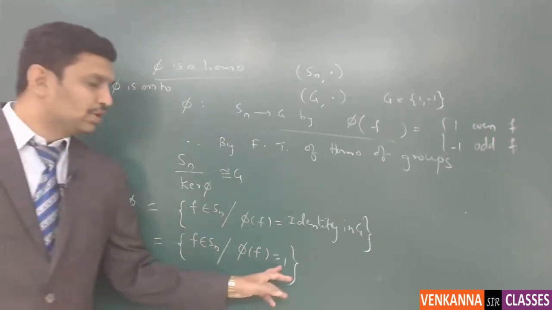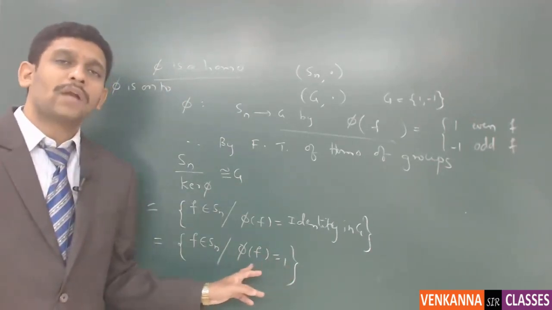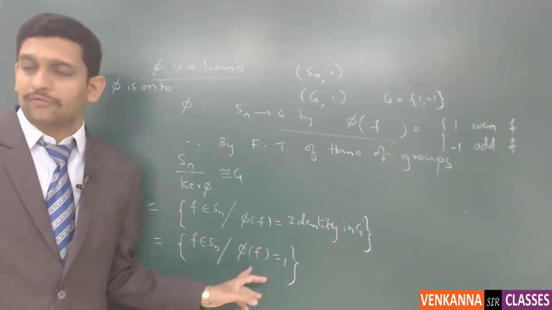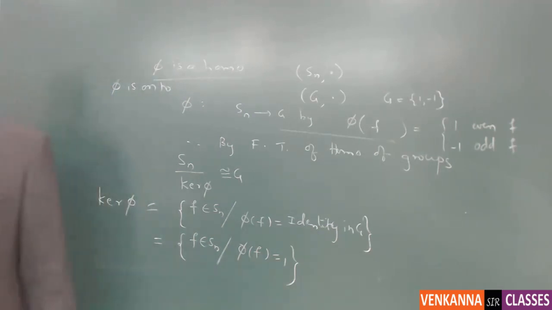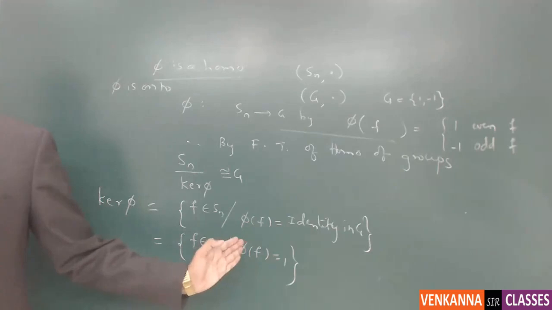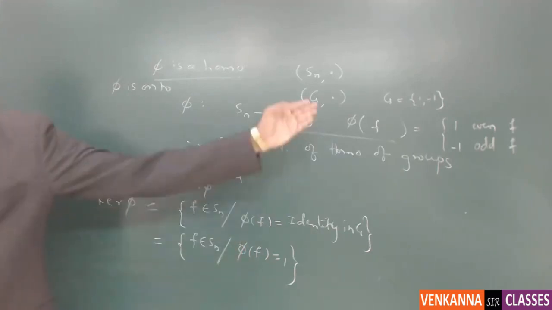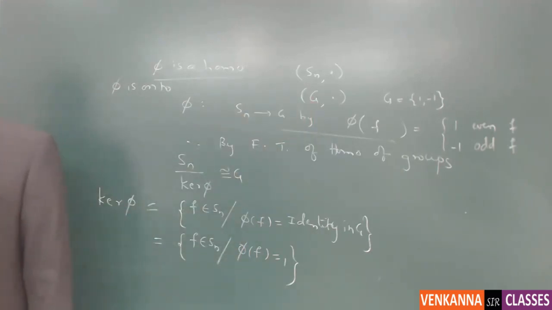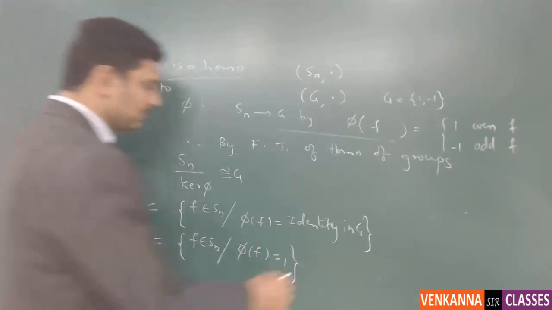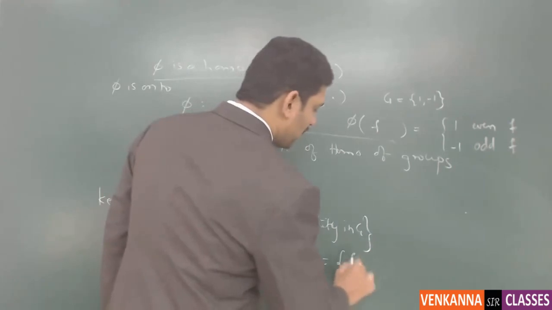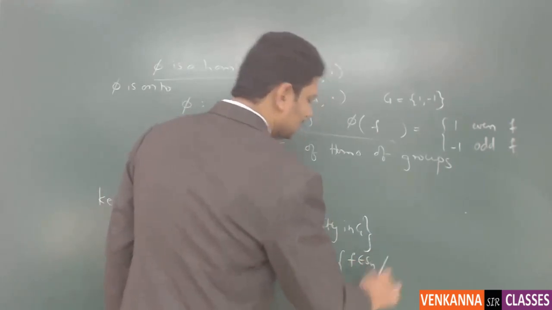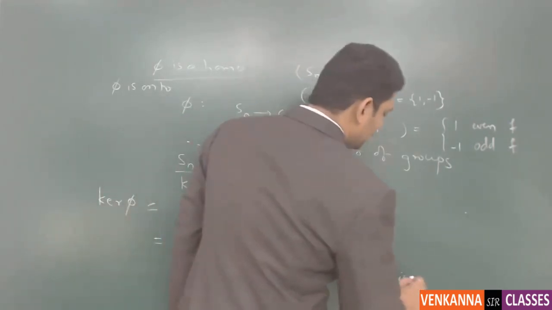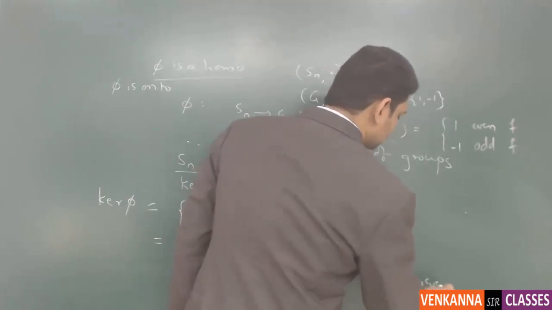The identity element in the codomain is nothing but 1. So if you want to get 1, what must be the property satisfied by f? If you want to get the image 1, what could f be, from the definition of phi? Even. So this is nothing but the set of all permutations in Sn such that it must be an even permutation.